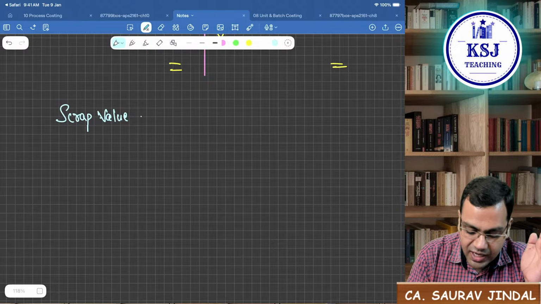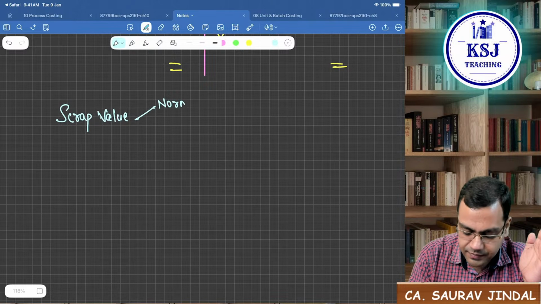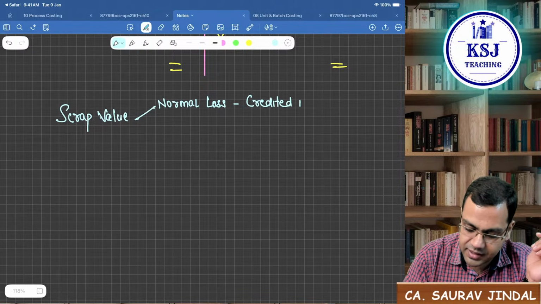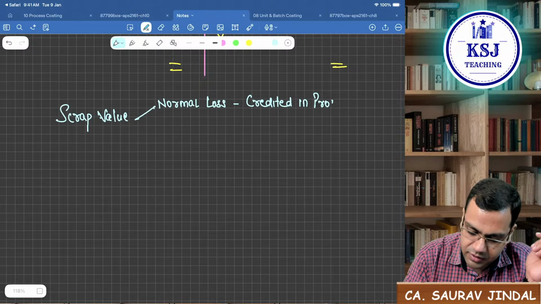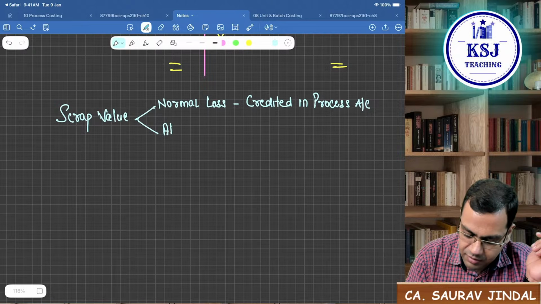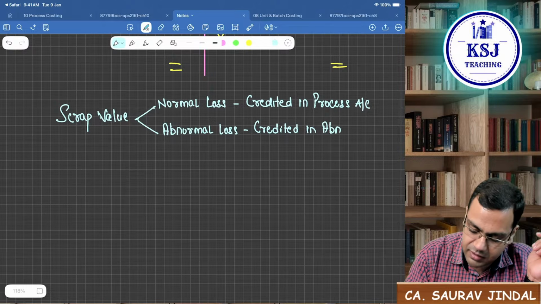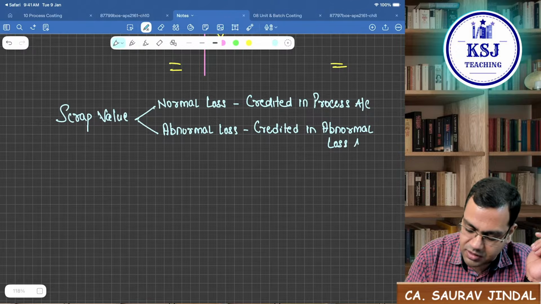The scrap value of normal loss is credited in process account, and for the abnormal loss, the scrap value will be credited in abnormal loss account.